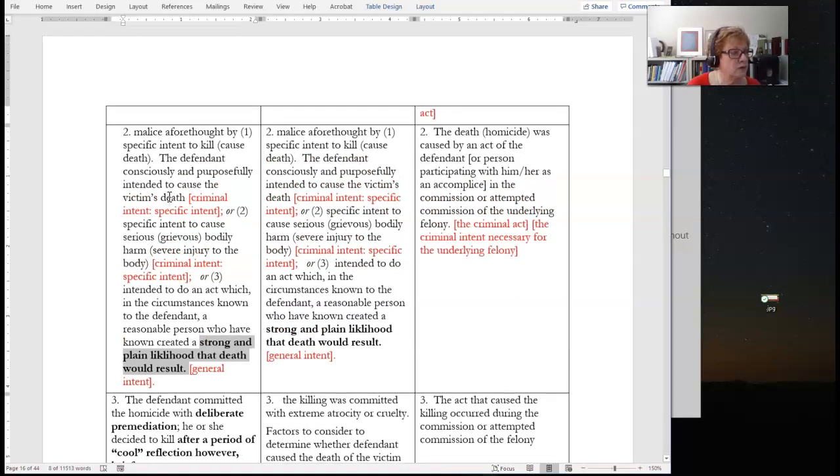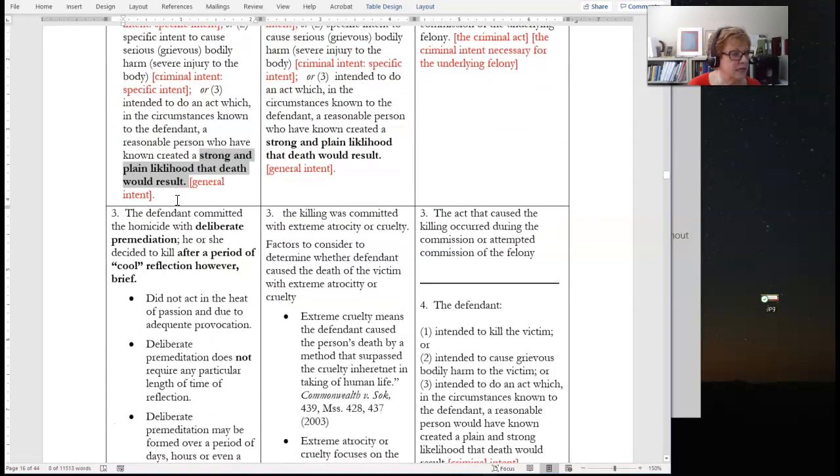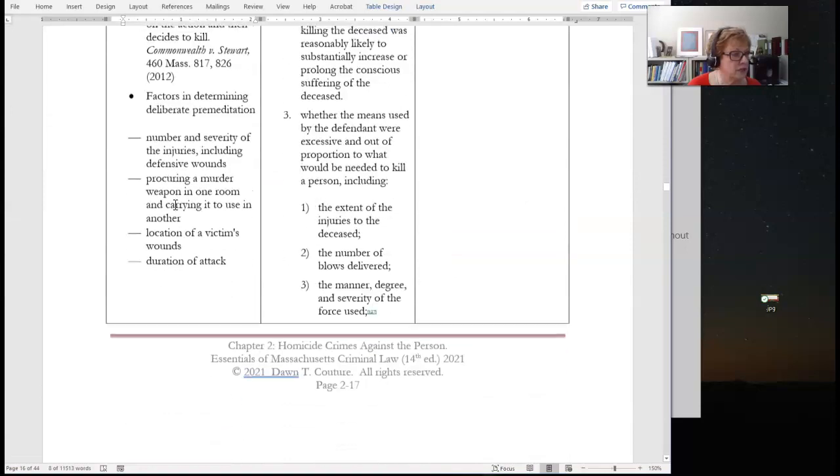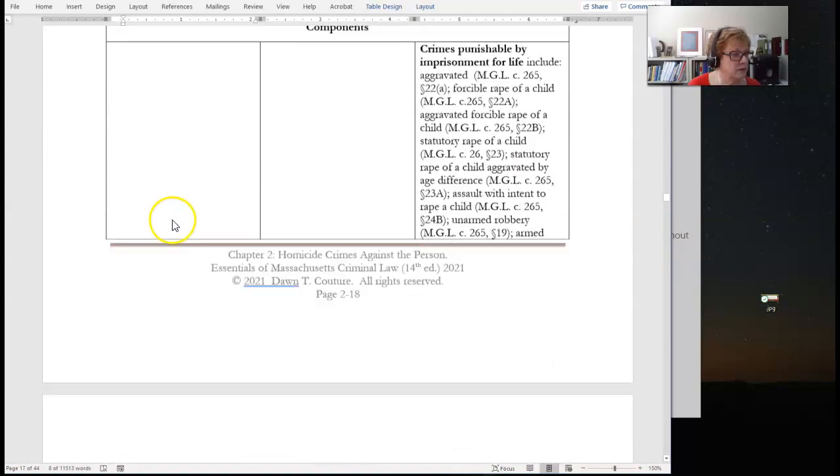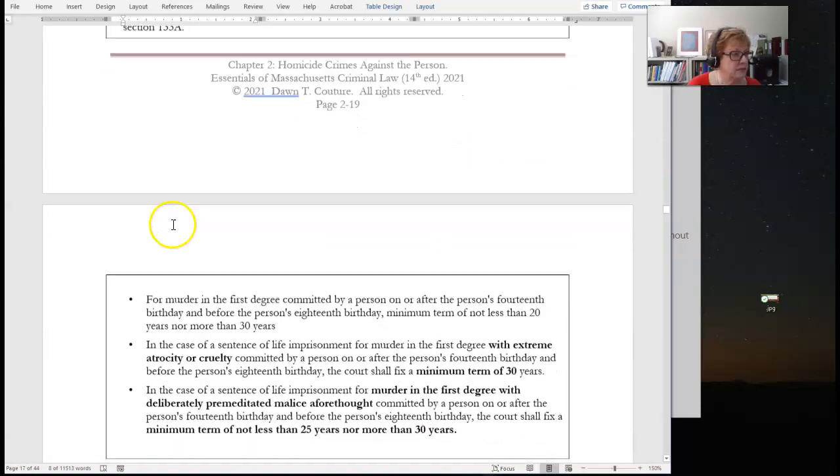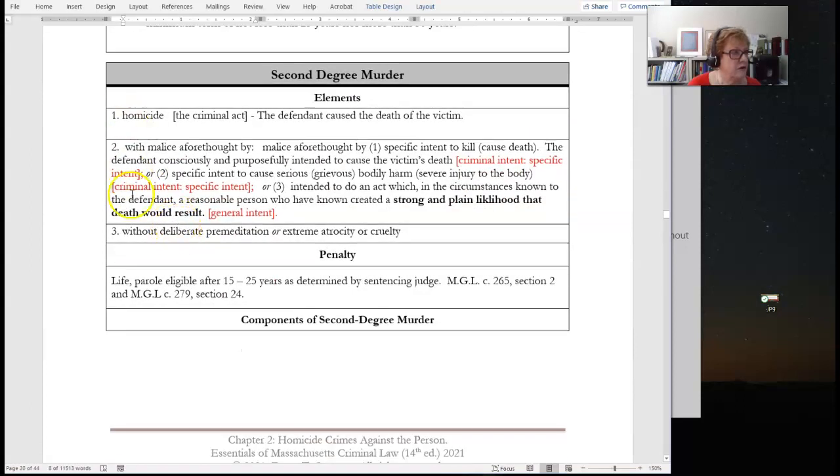What you will see when we move to second-degree murder, which I will do here in a moment, there are only two elements to second-degree murder: a homicide, which is the same as the first element in first-degree murder, and malice aforethought, which is the same second element in first-degree murder.